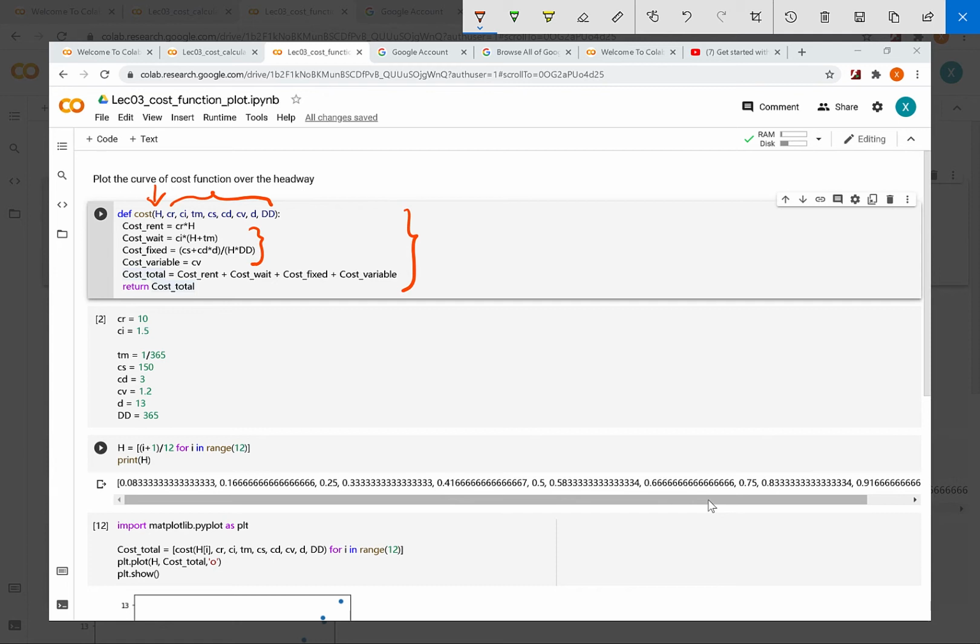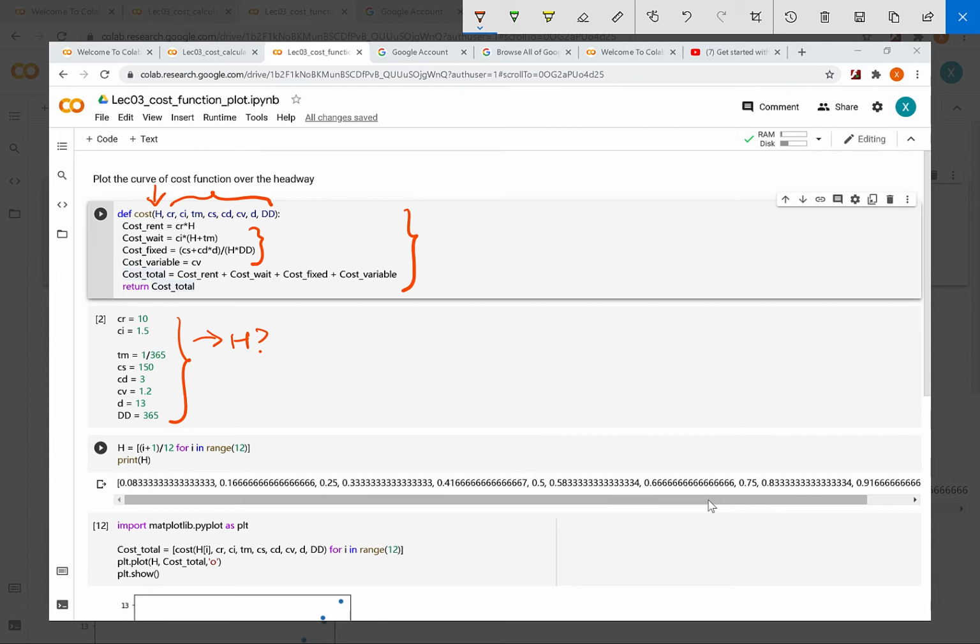Then we remember we have set all these parameters. Here H, the headway, is missing, because we will show how the decision changes can affect our results.